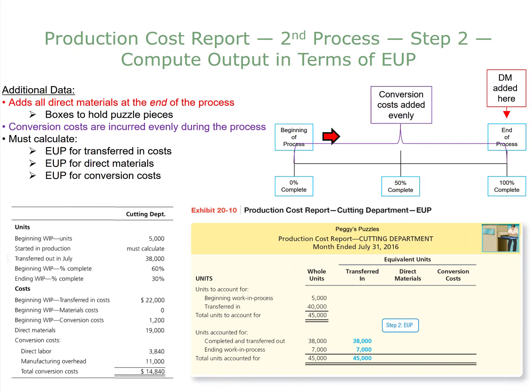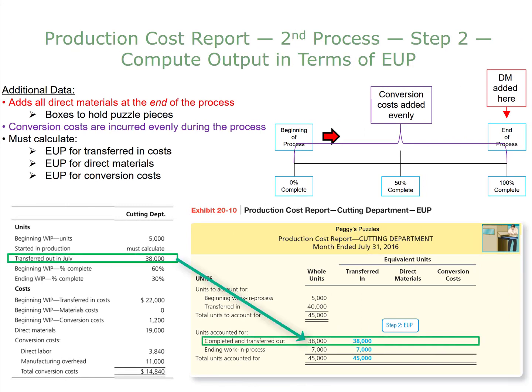Now let's concentrate on the EUP, equivalent units of production, for the 38,000 units completed and transferred out. The 38,000 units came from the data table and were placed on the production report in the units accounted for section. Since these 38,000 units were transferred out of the cutting department, this means the cutting department is completely done with these 38,000 units.